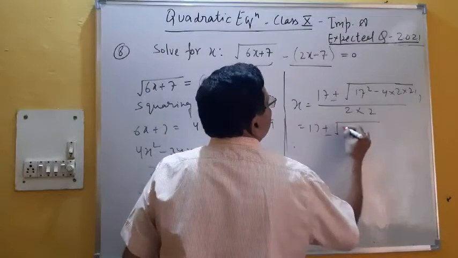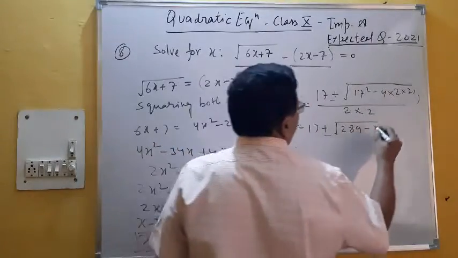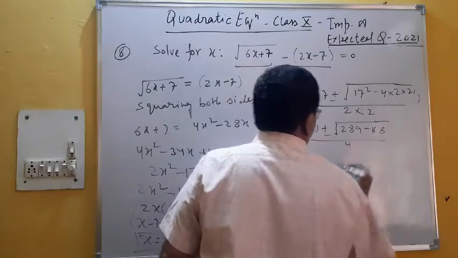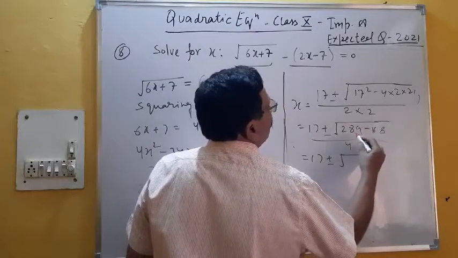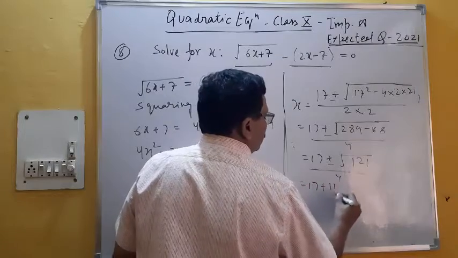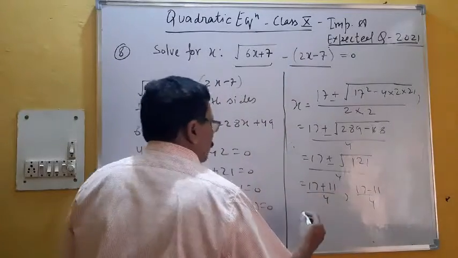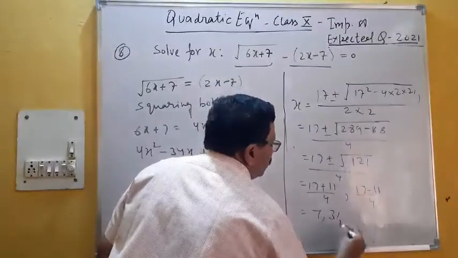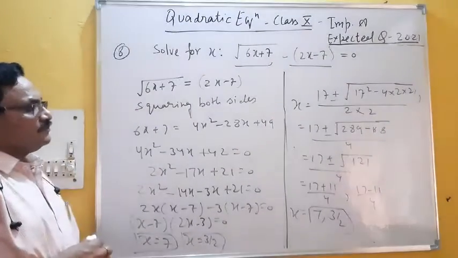So 17 plus minus the square root of 289 minus 168, upon 4. 17 plus minus the square root of 121, that is 11, upon 4. So you get 17 plus 11 upon 4 and 17 minus 11 upon 4. This is 28 upon 4, which is 7, one of the answers, and 6 upon 4, which is 3 upon 2, the other answer. You can find the value of x. So the method may be any, your answer will remain the same.